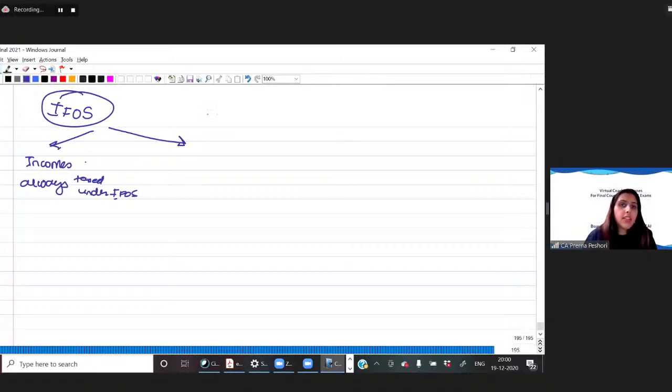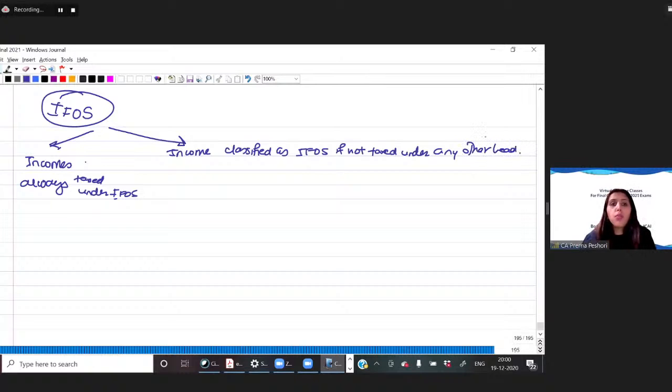And second, income classified as EFOS if not taxed under any other head. So what are the incomes classified as EFOS if not taxed under any other head? Let's look at it.